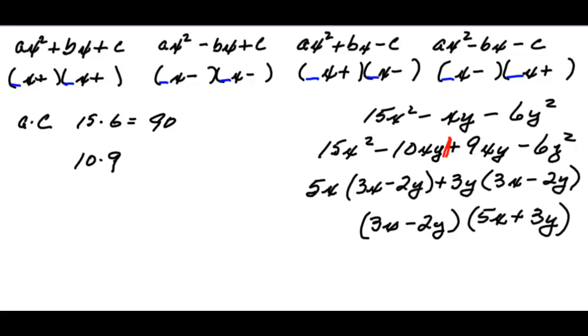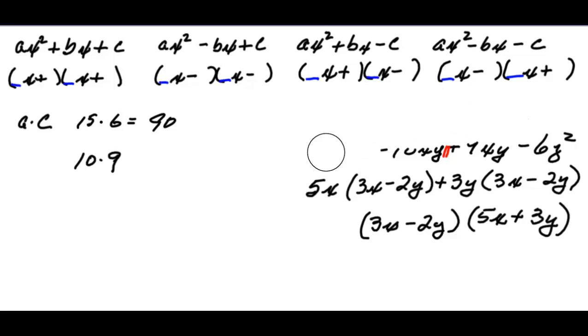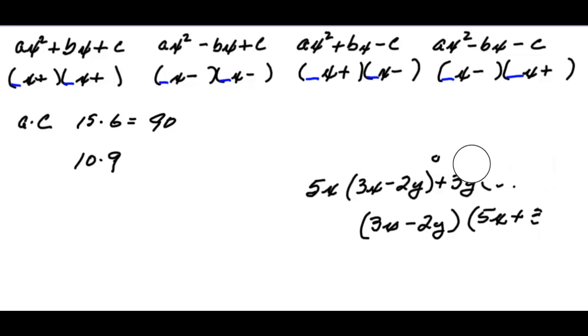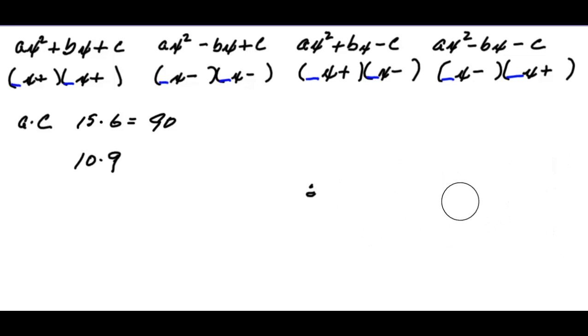I want to take a look at just one more problem. And that problem happens to be problem number, I think it's 98. Yeah, I want to take a look at 98 for just a second because it has 14x squared minus 20x plus 6. All right?